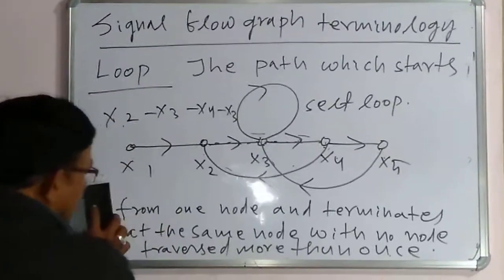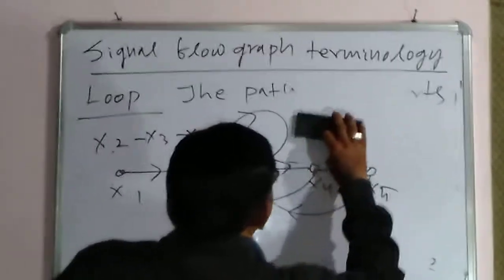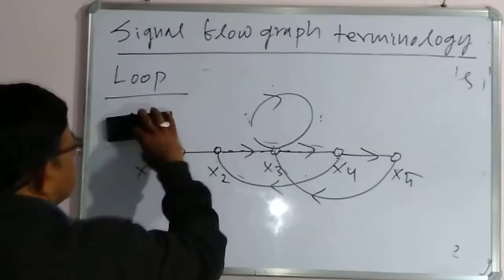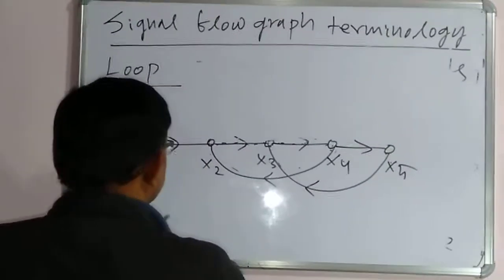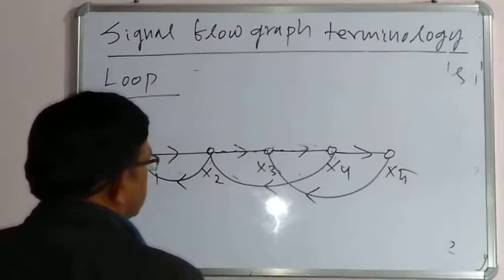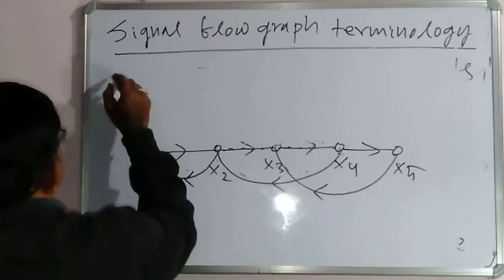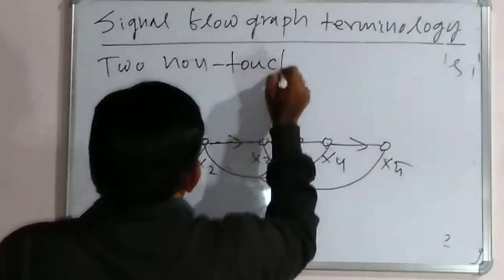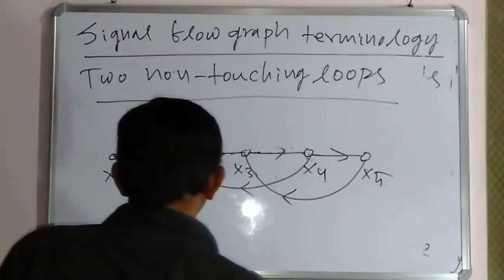So next we will discuss two non-touching loops. This is very simple.